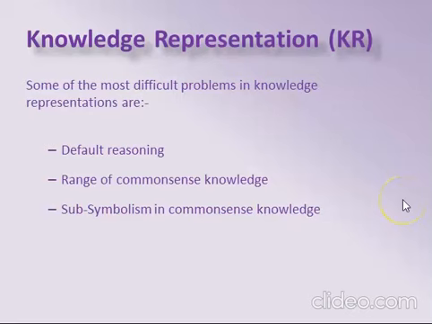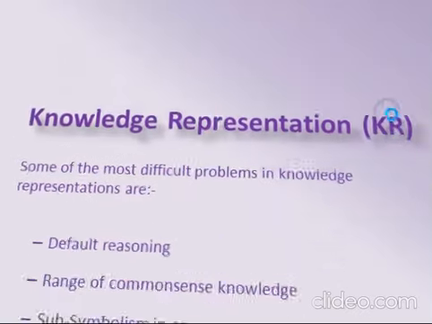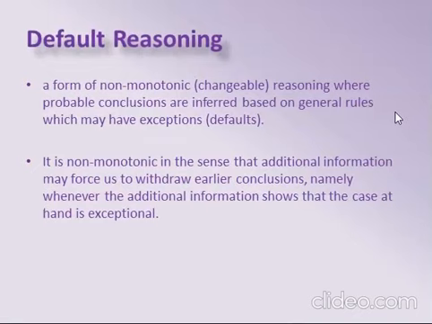So in the previous video, we were discussing default reasoning, the range of common sense knowledge, and sub-symbolism in common sense knowledge as part of the difficulties faced in knowledge representation. We were looking at default reasoning and said that it is a changeable reasoning where we consider probable conclusions based on general rules which may have exceptions, because we are considering default values there.